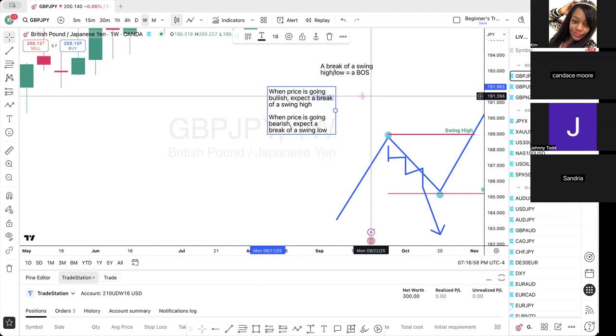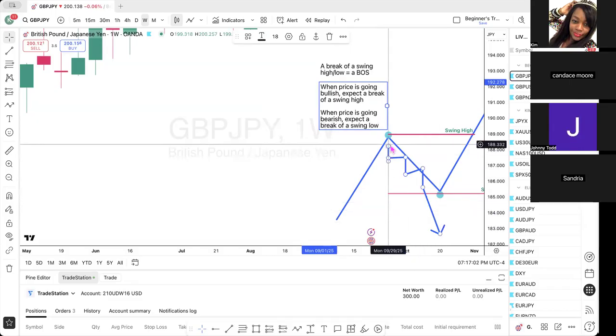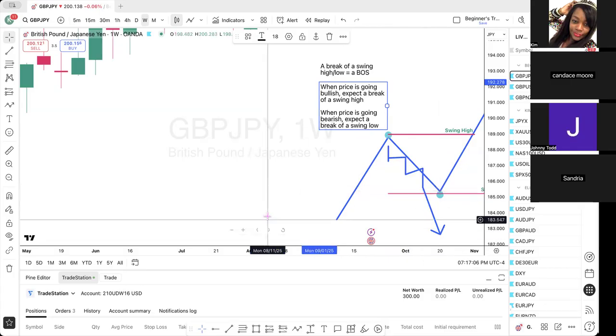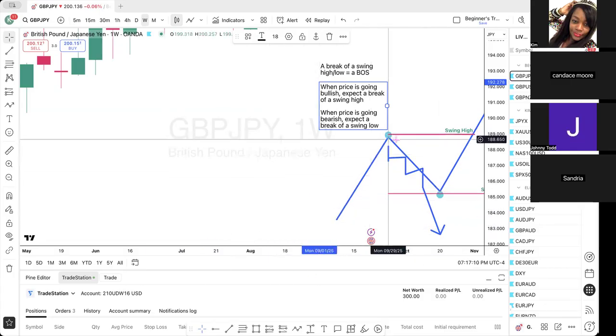Okay. So once price is pulling back, like I said, we don't know. Everything down here is going bullish, bullish, bullish. We're expecting this pullback to then break this high. Now, it may not happen all the time. This is when you start possibly losing a trade.